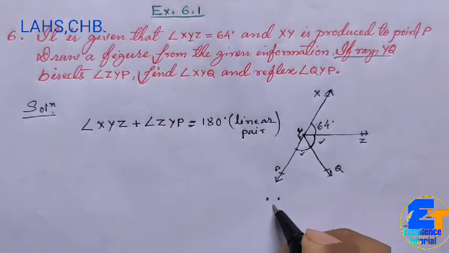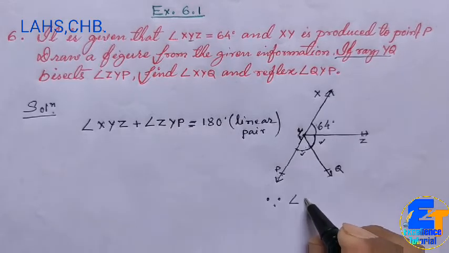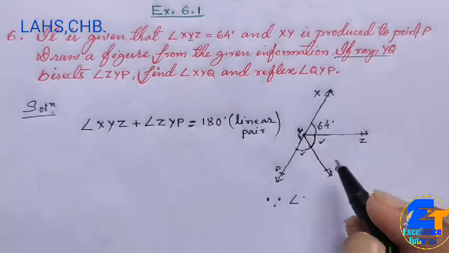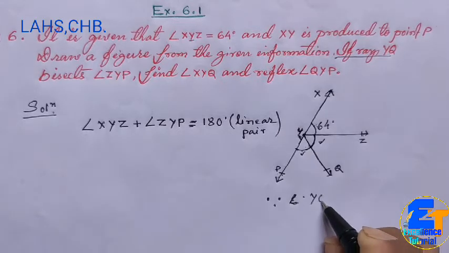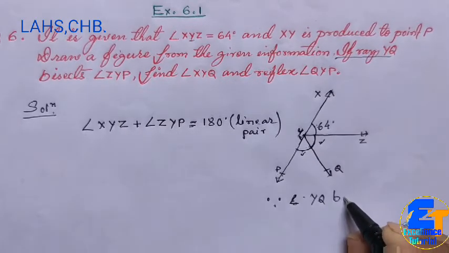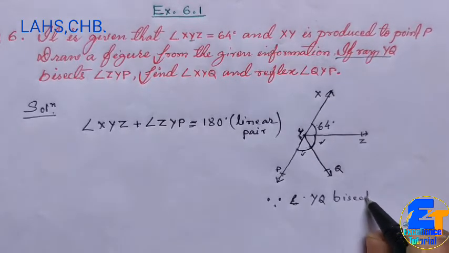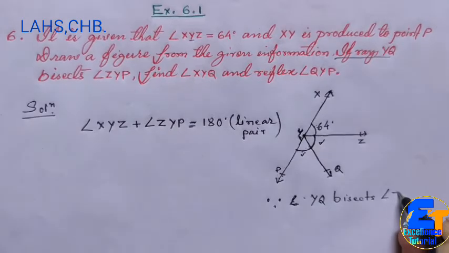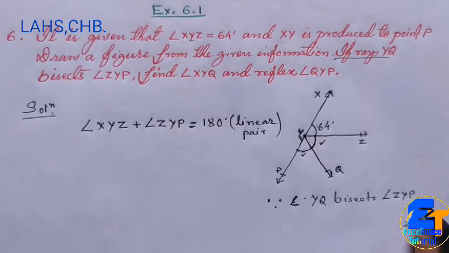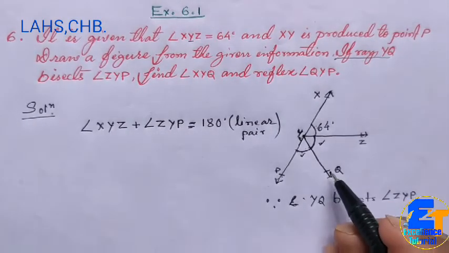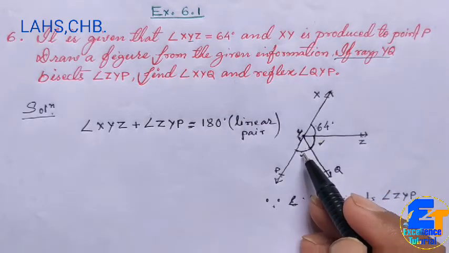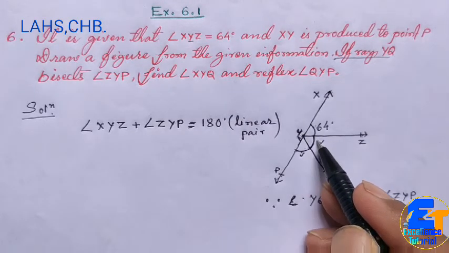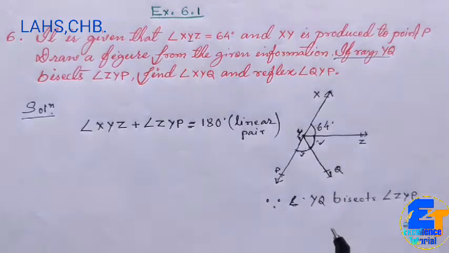So see, since YQ bisects angle ZYP, this YQ is bisecting this whole angle, so we can write these two angles will be equal to each other.